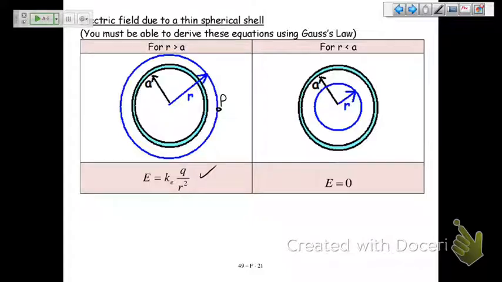What about this guy? What this tells me is that there's an inverse square relationship outside, and inside it's zero.